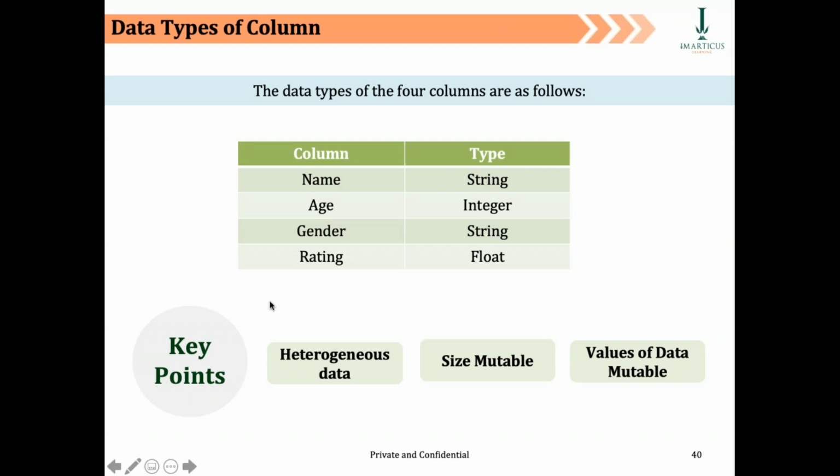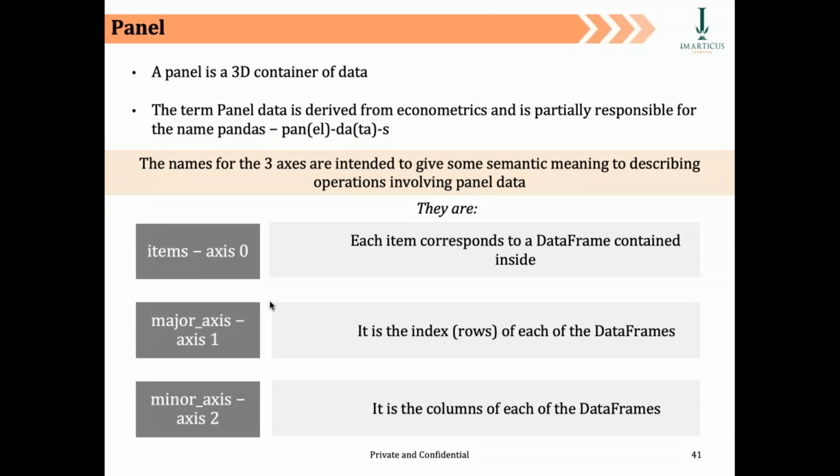So the key points that we can take: the types of the data could be heterogeneous over here. Size could definitely be mutable, and value is definitely mutable in a data frame. Now coming to panel. Panel is basically a 3D container of data. The panel data is derived from econometrics, because many times we do panel data econometrics. That's why it has been derived from there.